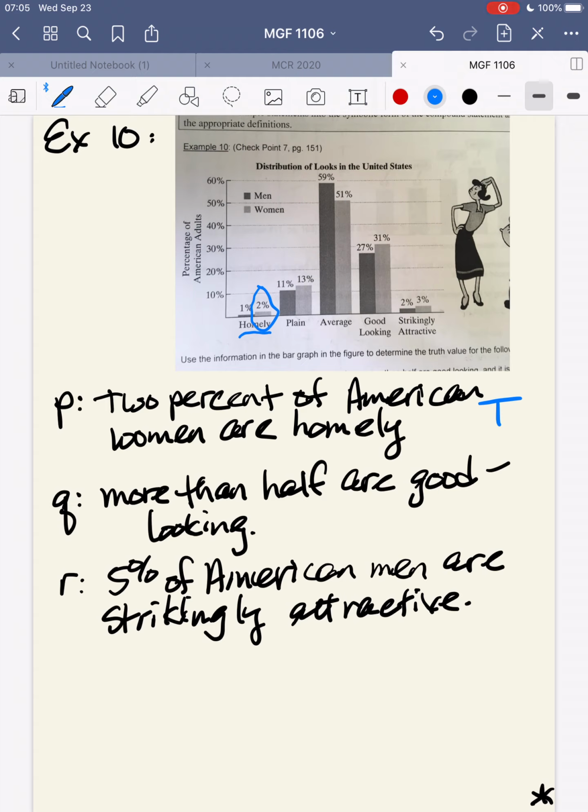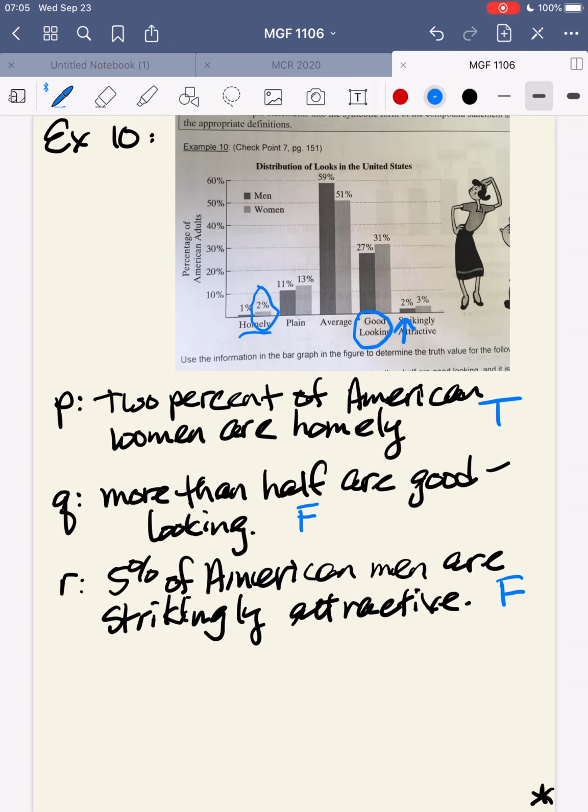More than half are good looking. If we look at the good looking, none of these are at 50%. Even though they didn't say men or women, it wouldn't be true for either one, so this statement is false. 5% of American men are strikingly attractive. If we look at strikingly attractive and we look at men, it's at 2%, so this is also false.